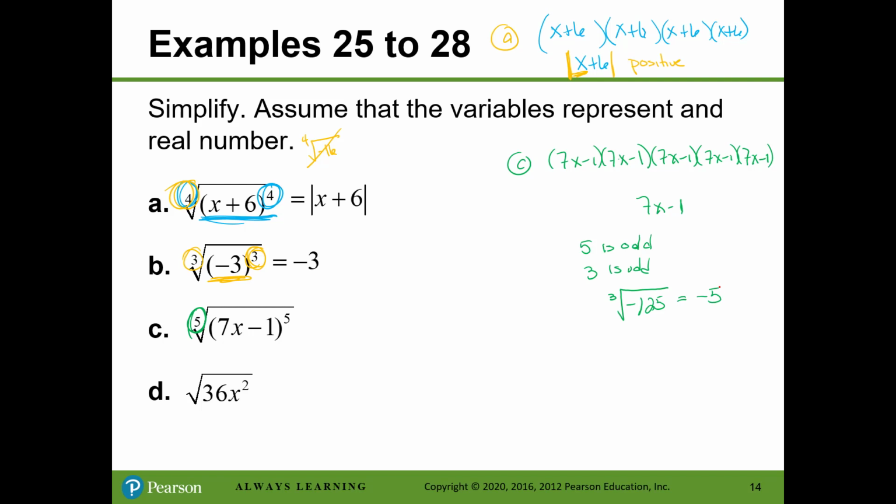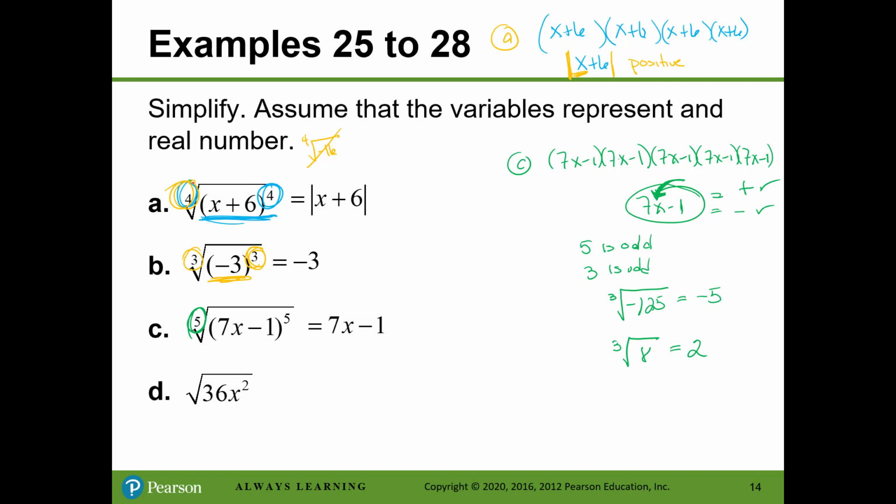I can take the cubed root of a negative number. I can even take the cubed root of a positive number. I don't care if my number is positive or negative, which means I don't really care what the x is in here. If the x makes this whole number positive, great. If it makes this whole thing negative, great. I don't care, because I can take the fifth root of any number I want, which explains why there's no absolute values on part C. None.